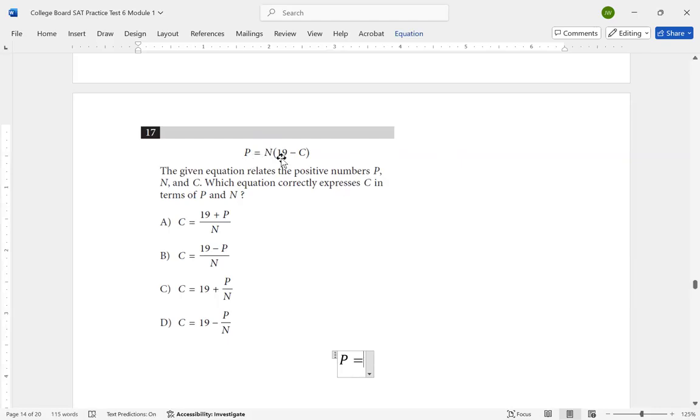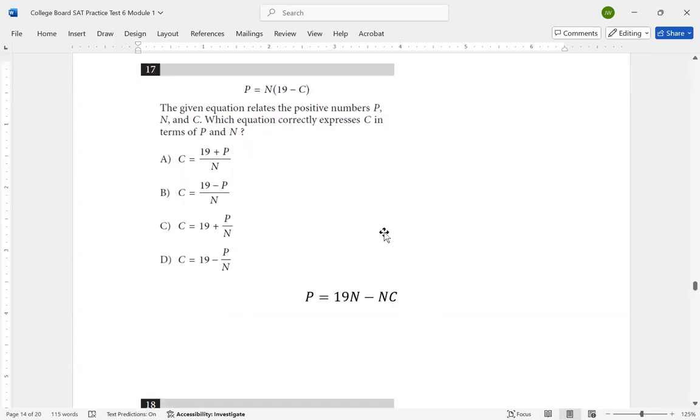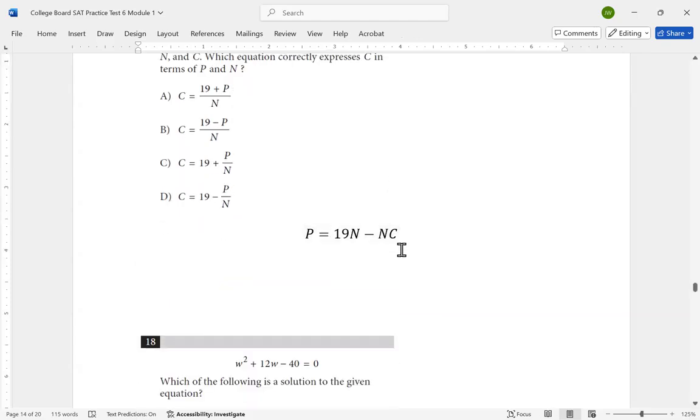and then I distribute the n into both the 19 and the negative c. We'd get 19 times n minus n times c on the right-hand side. A couple ways I can solve this. One way, I will add nc to both sides.